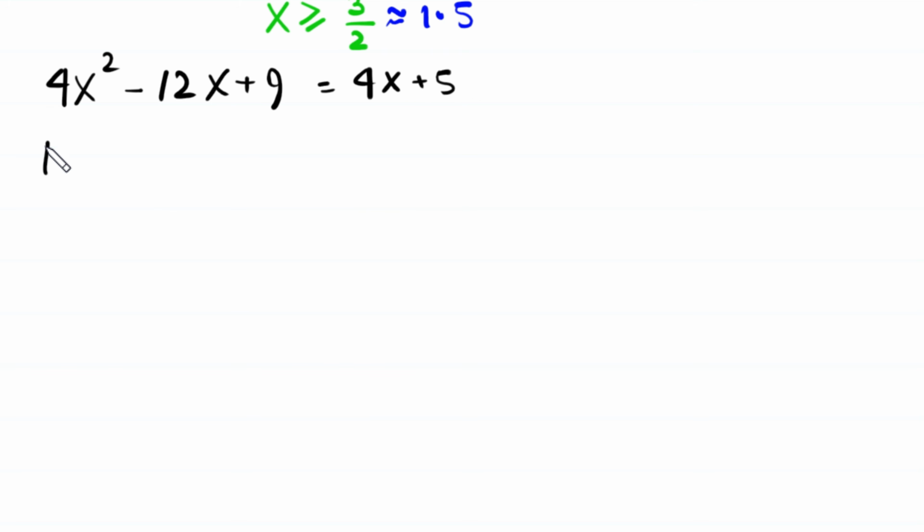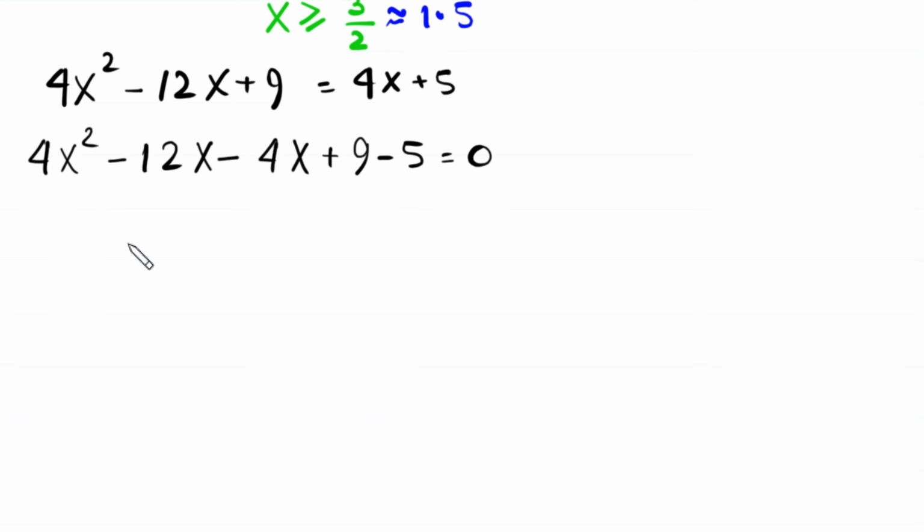This will become 4x squared minus 12 times x minus 4 times x plus 9 minus 5 equal to 0. Further simplify, this will become 4x squared minus 16 times x plus 4 is equal to 0.